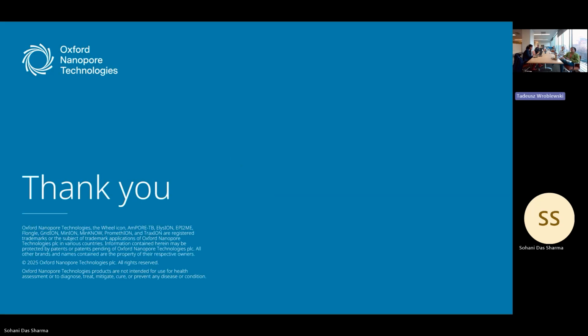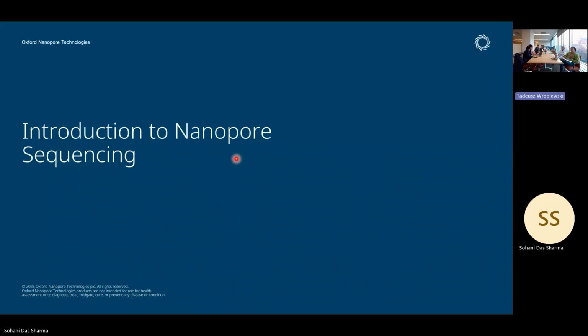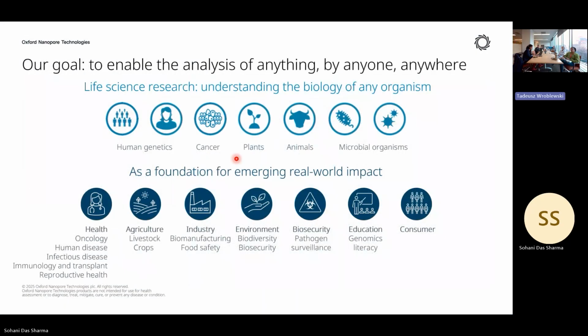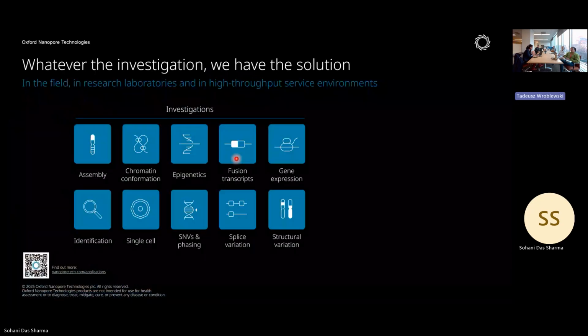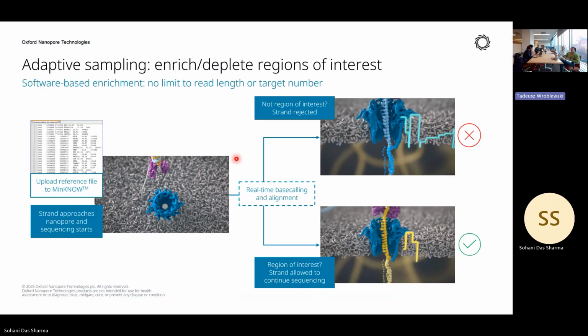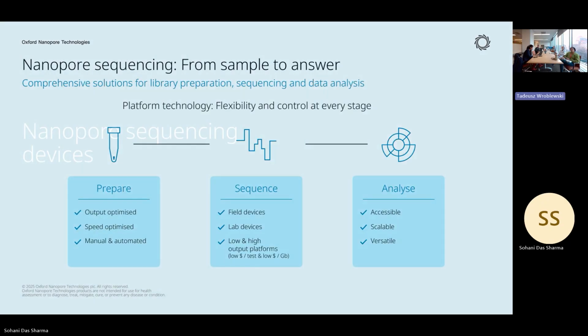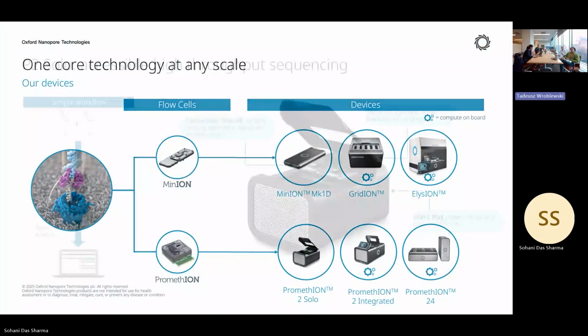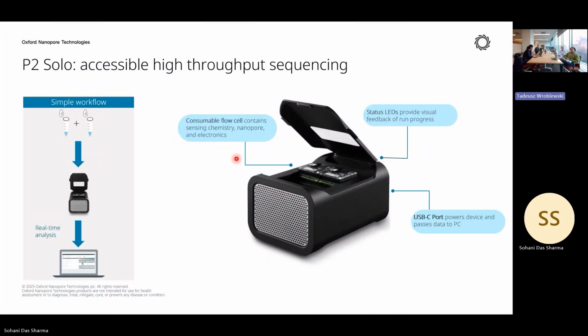Okay, so I think we will start working on our experiment part, but I just want to quickly share something about the P2 Solo. This is the platform you have, P2 Solo. There are two slots here, right?